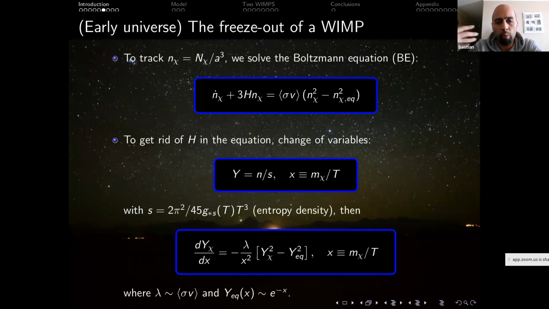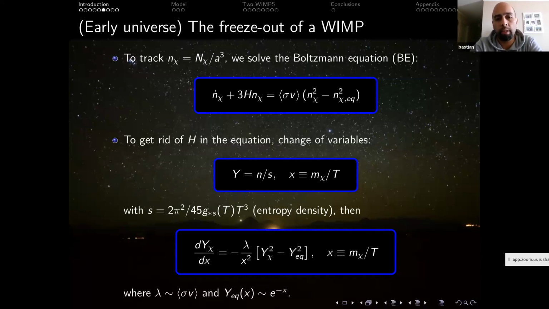So the formal way to understand this process is through an equation that is called the Boltzmann equation. Of course, in order to get this equation in this form, you have to start from the typical Liouville equation in a Friedmann-Robertson-Walker universe, and you have to put in the collision terms. It's something more involved, but after some mathematics, you get this equation. So it's a dynamical, first order differential equation.